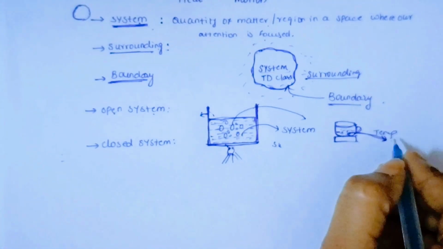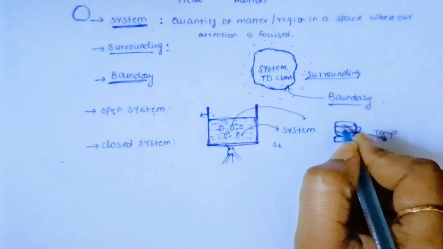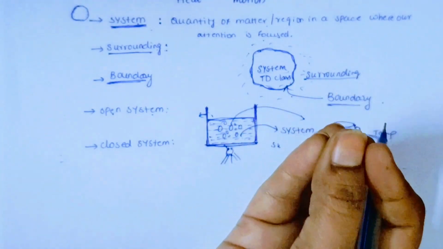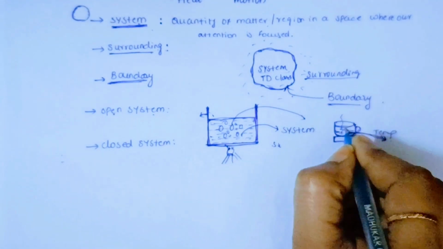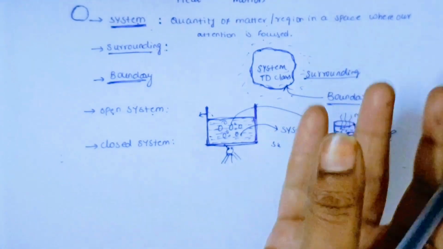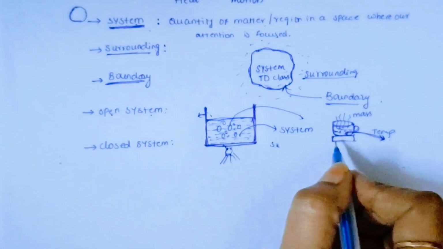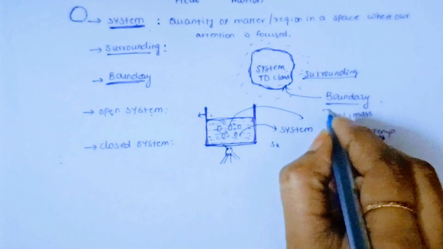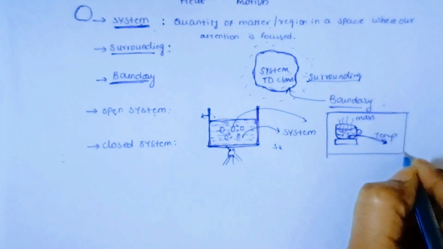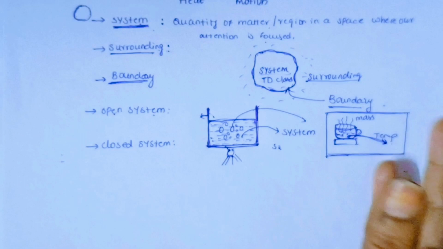And also, if you see here, when coffee is at high heat, some evaporation will also happen, na? So mass is also transferring from here. This is mass transfer and heat transfer, and because of that your tea is getting cold.